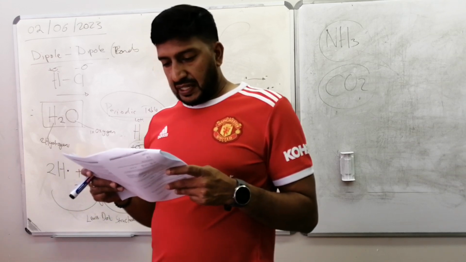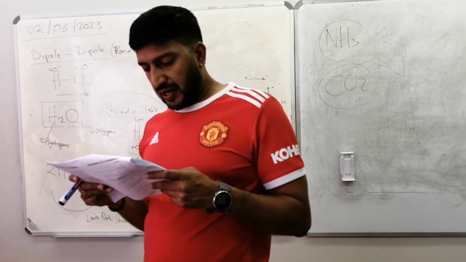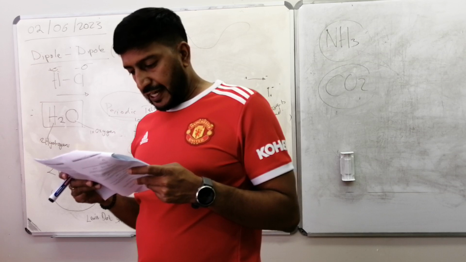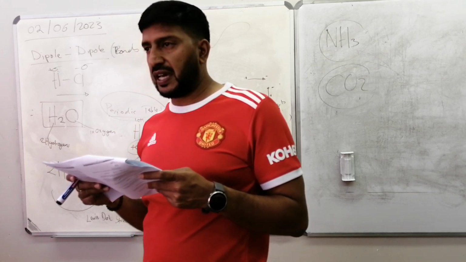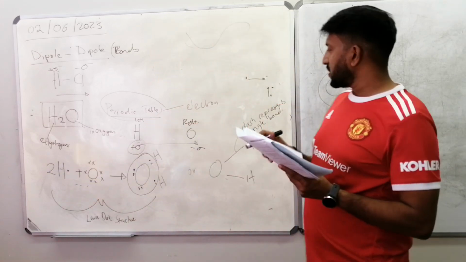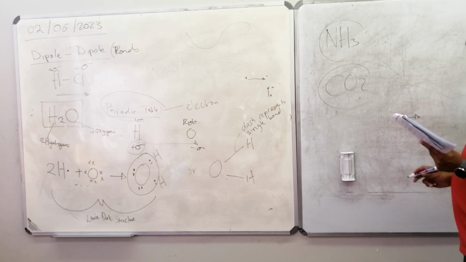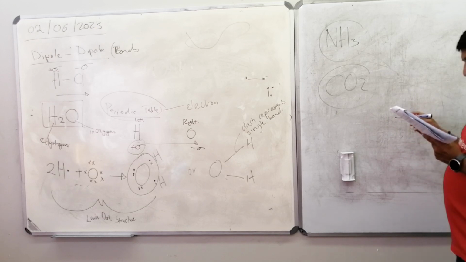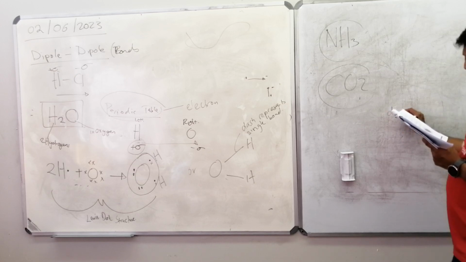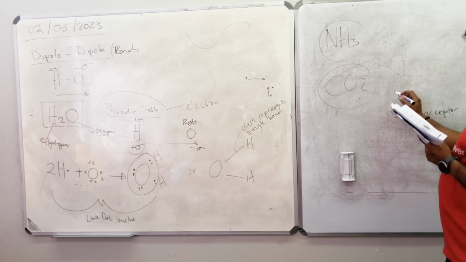Now let's look at it in terms of this diagram. A coordinate bond is represented by an arrow pointing from the donor to the acceptor atom. You get that? So the arrow goes from the donor to the acceptor, and this is called the coordinate bond.